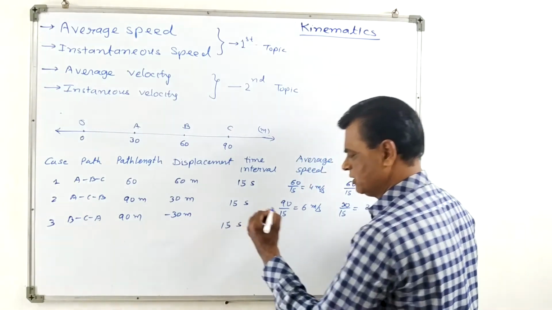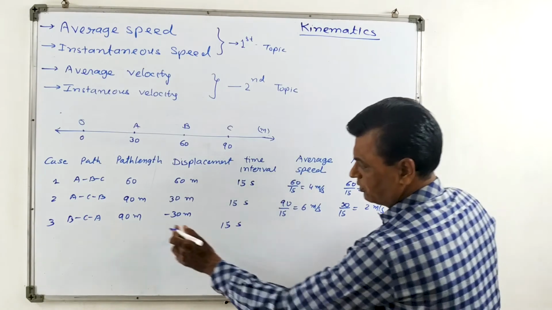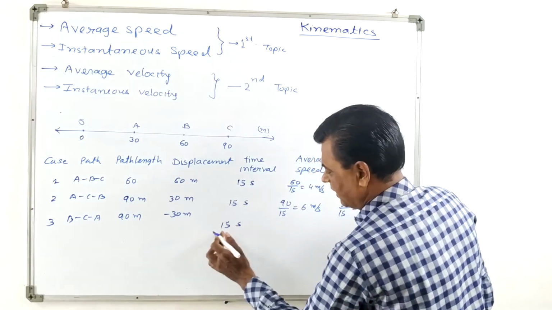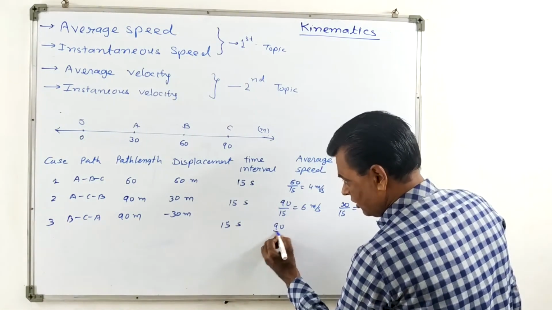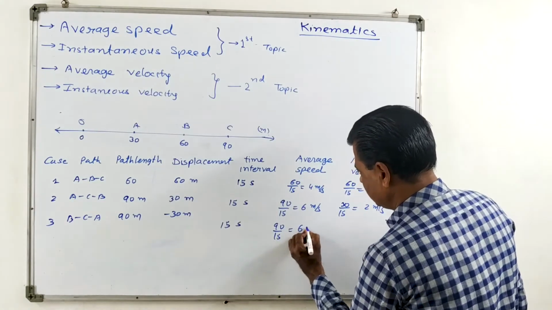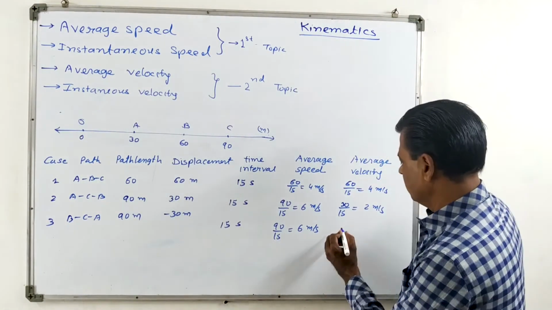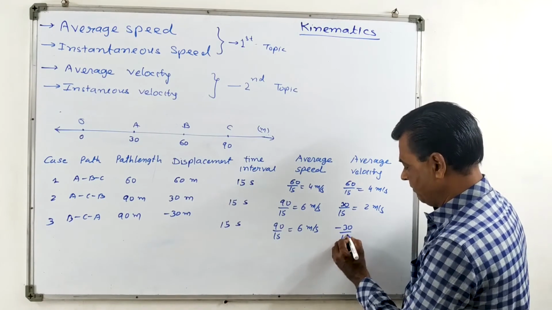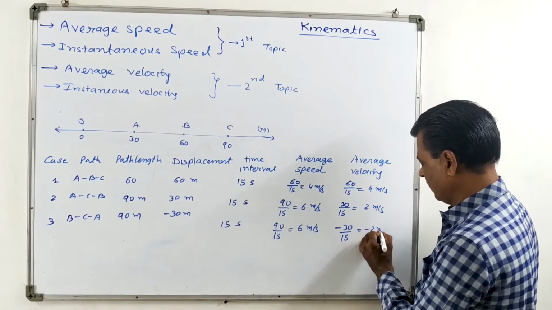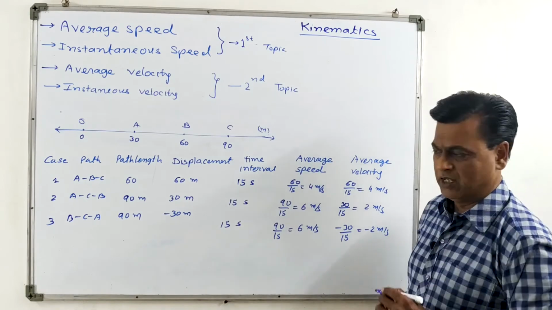Consider that the interval is also 15 seconds. So 90 path length divided by time taken 15, the average speed is 6 meters per second. And displacement minus 30 divided by 15, so minus 2 meters per second is the average velocity.